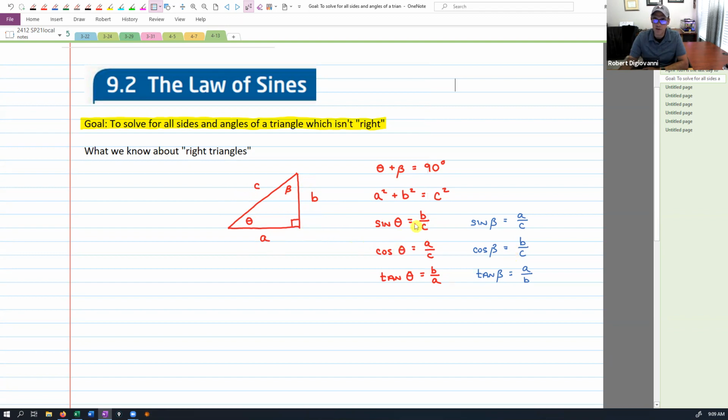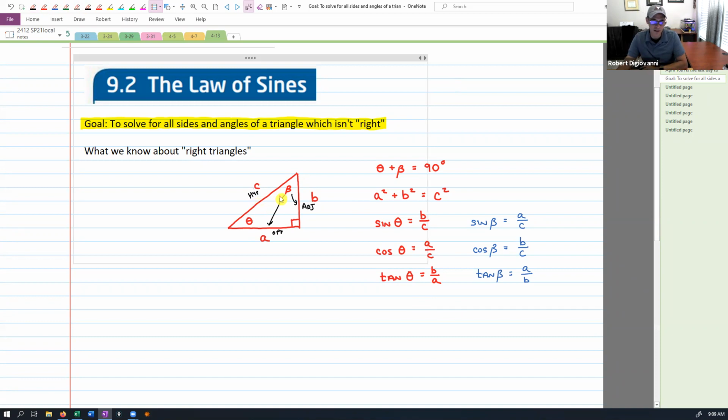And then we have all the trig stuff that we've learned, right? If you look at this angle theta, it has an opposite and adjacent side, and the hypotenuse is c. So we have the sine, cosine, tangent of that angle. And then beta is a little weird, because the opposite side of beta is this side, and the adjacent side is this side, and the hypotenuse is here.